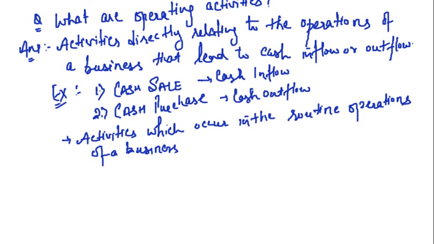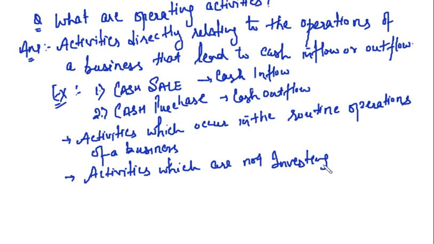Right? One more thing is written for operating activities. They say activities which are not investing or financing activities. They say if an activity is neither an investing activity nor a financing activity, then that activity will fall in operating activities.